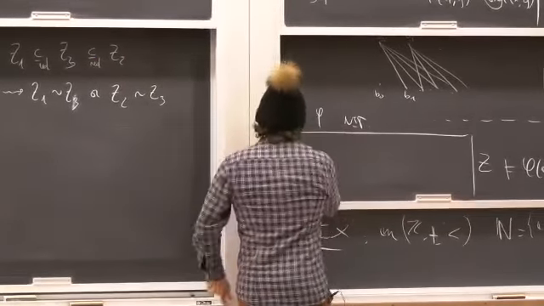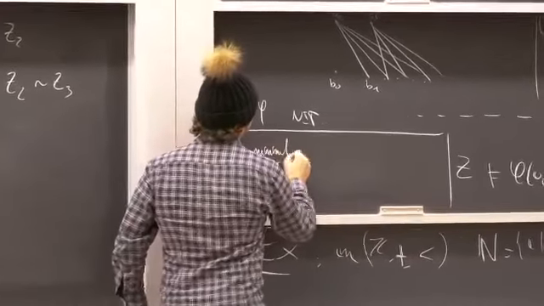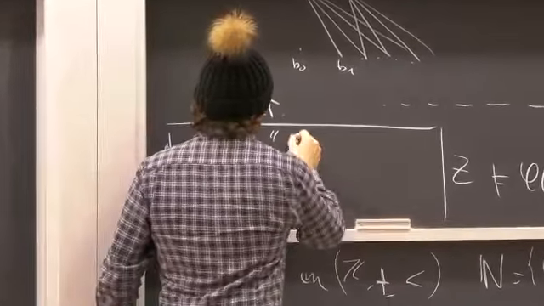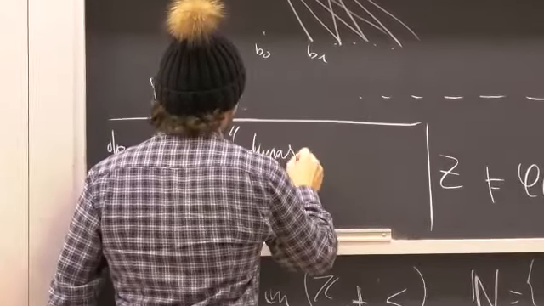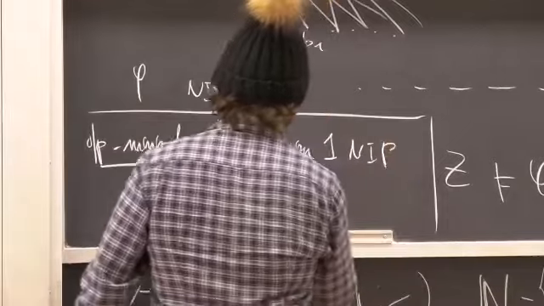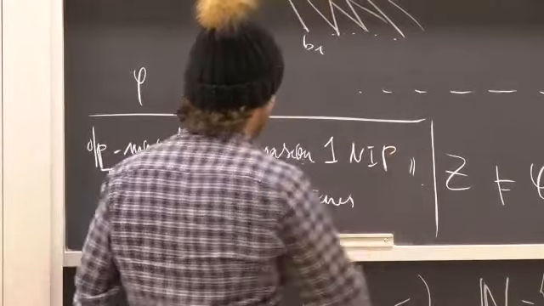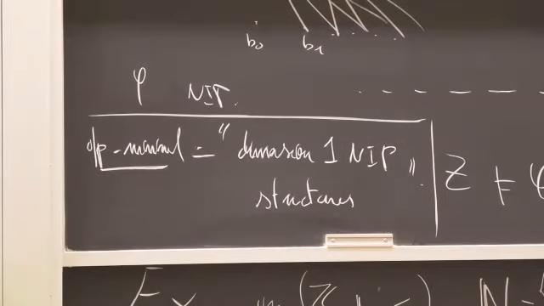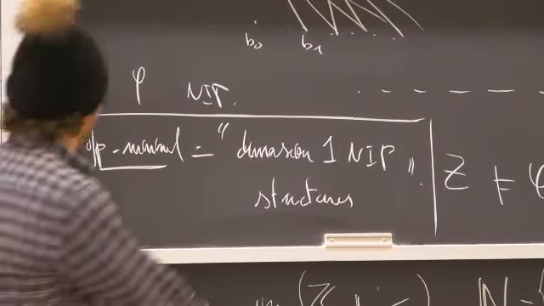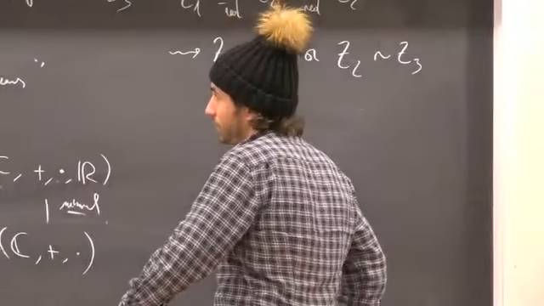DP-minimal is dimension 1 NIP structures. Okay. I'm sorry, I'm not defining more than that, but I won't have time otherwise.